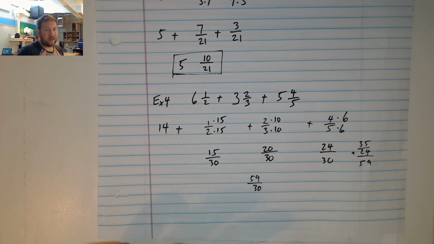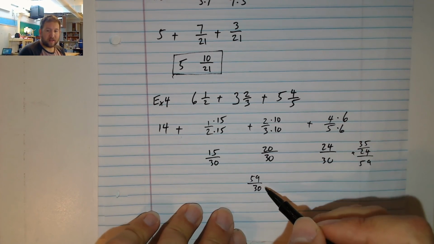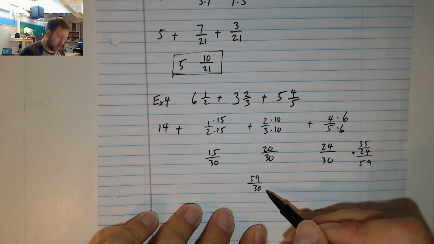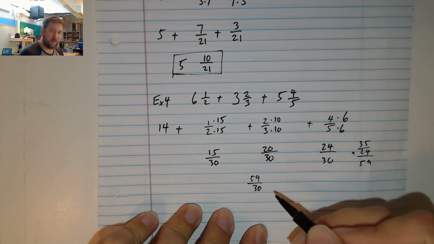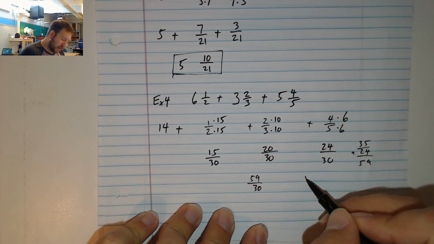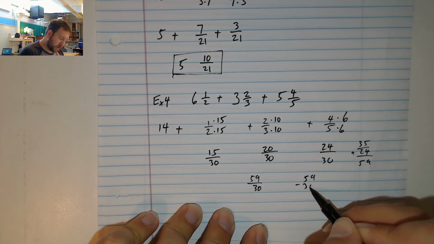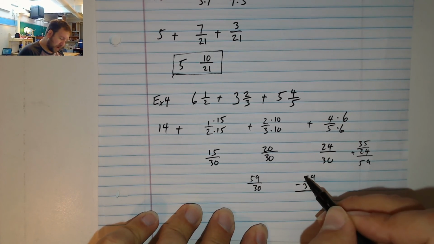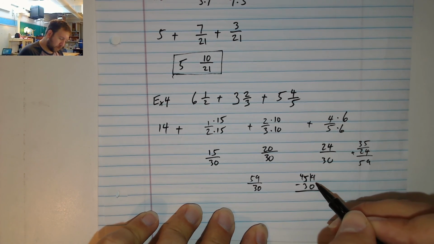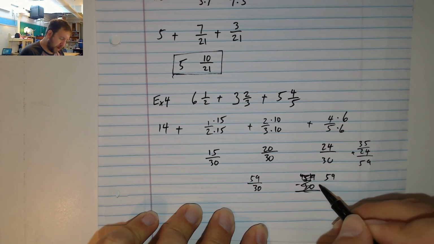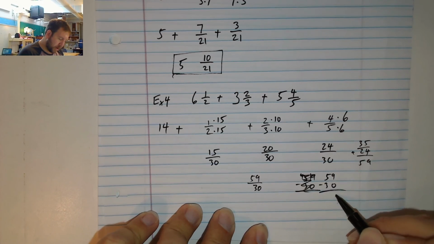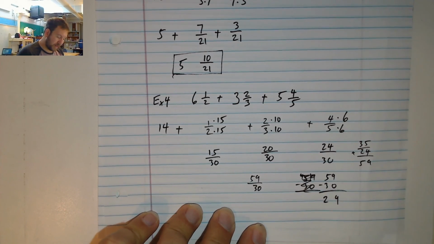Okay, this should again scream out to you. This is an improper fraction, so it's not going to work. I need to pull out a whole, which means I can pull out 30 from 59. 59 minus 30 is 29, right?